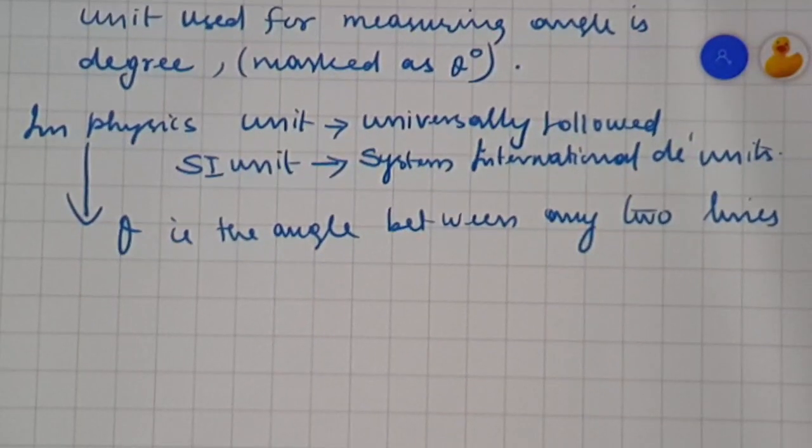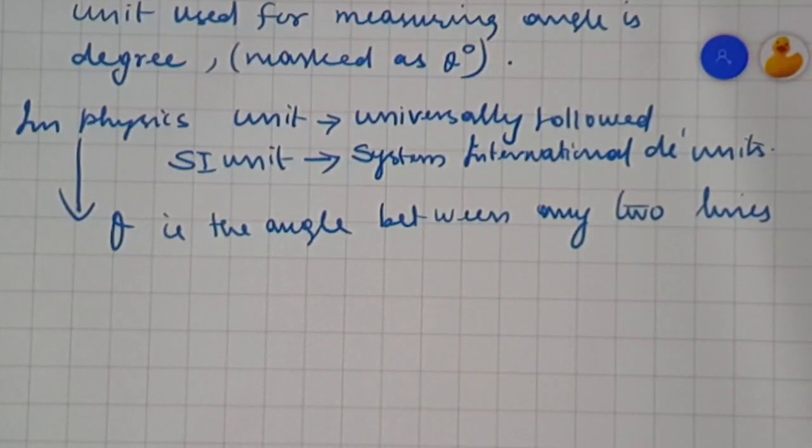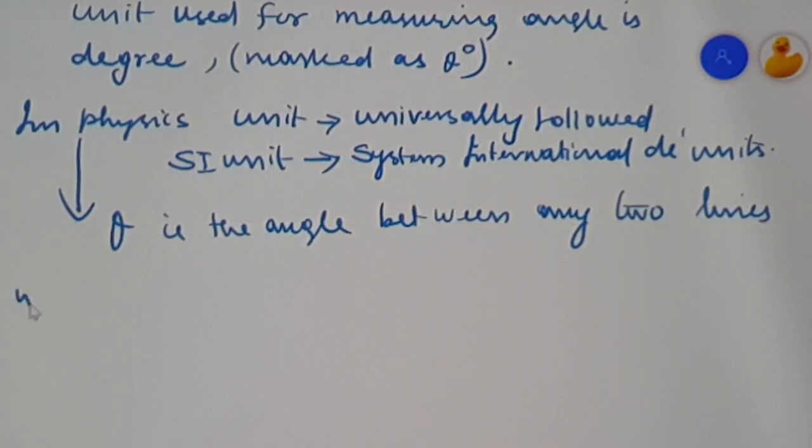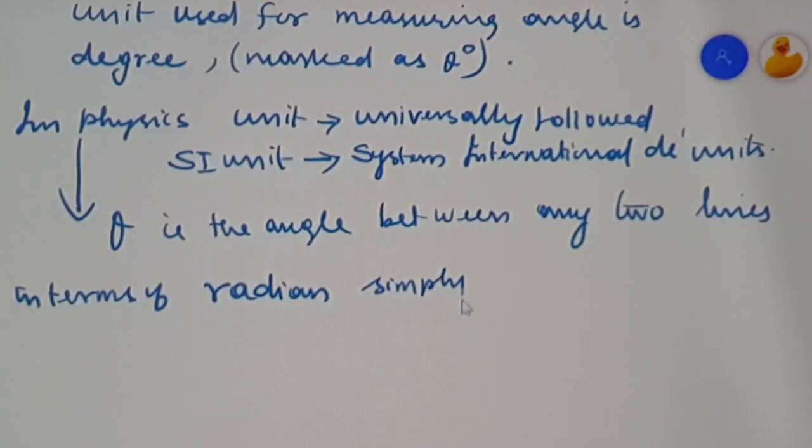In physics, we are going to measure this angle in terms of radians, in terms of a unit called radian, simply indicated as rad. That is the symbol, rad.